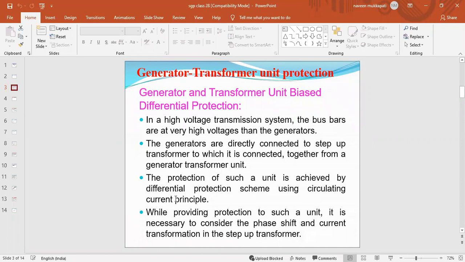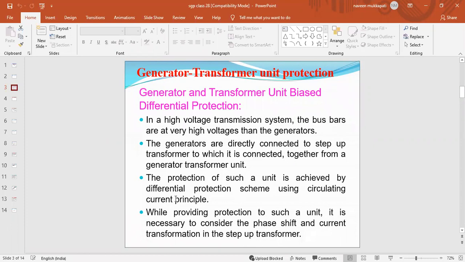By using this principle, we protect the generator and the transformer against different faults. We already discussed the protection for the generator and the transformer separately. Now we give various protection schemes for both the generator and the transformer unit.